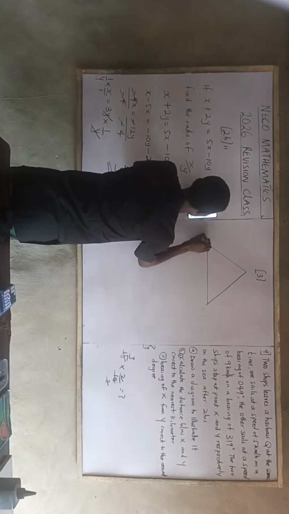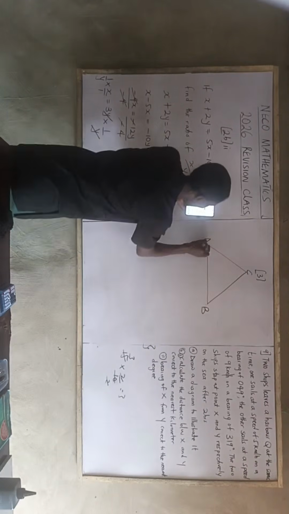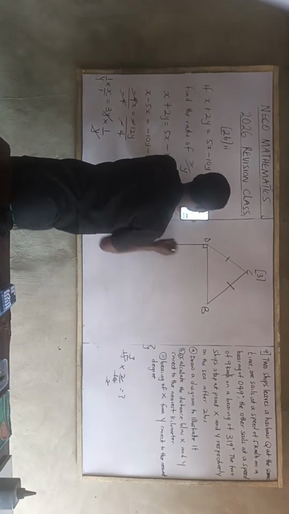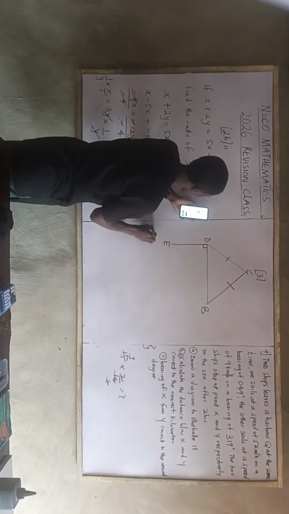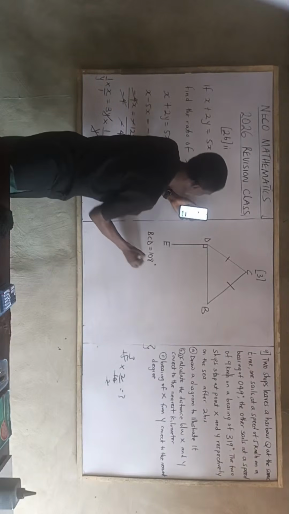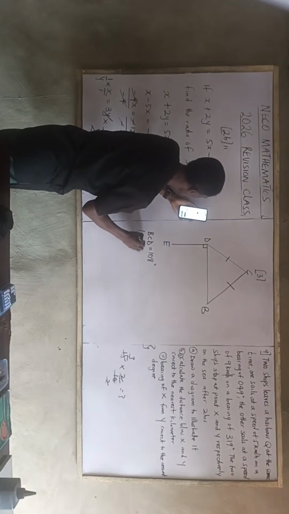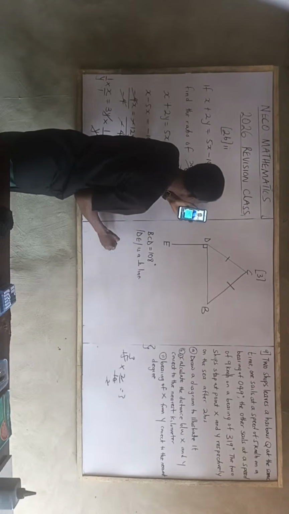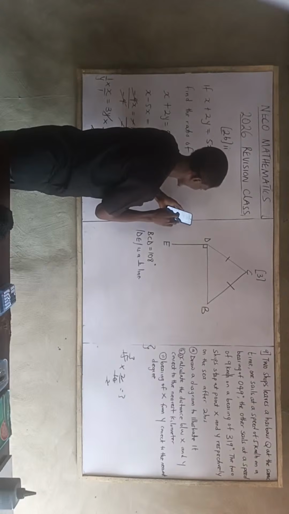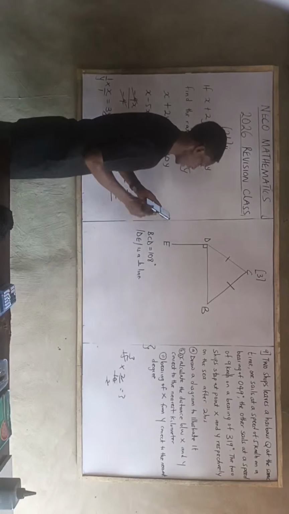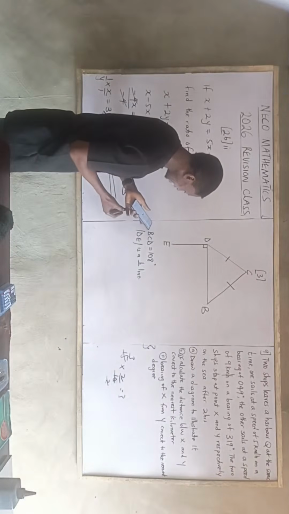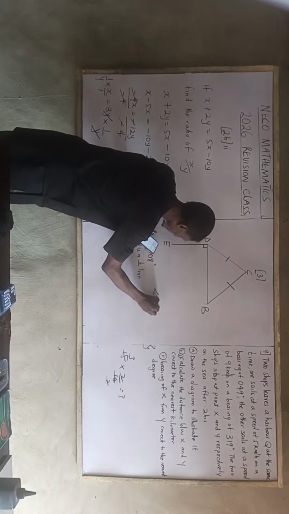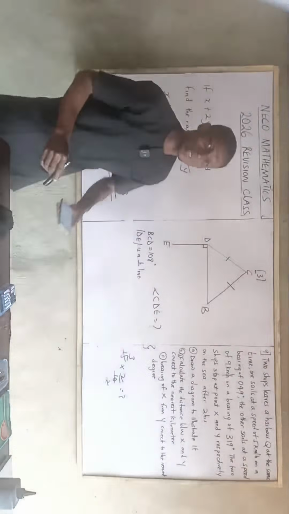Given DCB and a right angle here, E. And we're told that BCD is equal to 108 degrees, while DE is a perpendicular line. Then we have to calculate angle CDE.